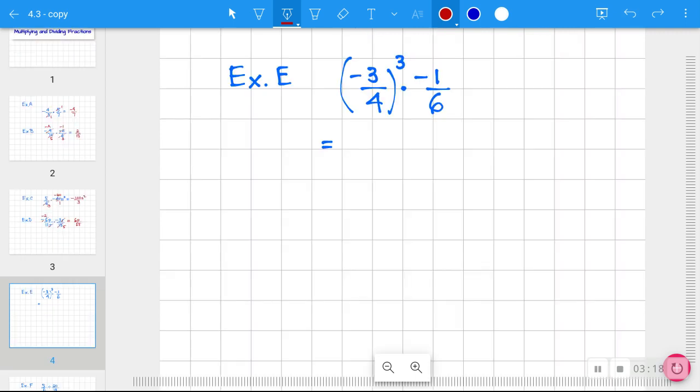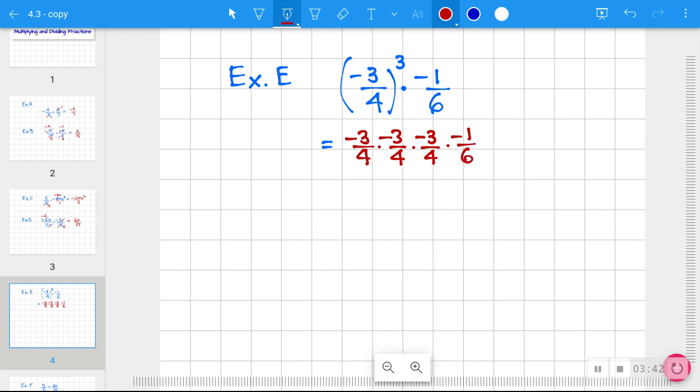Okay, we have a problem that requires us to know the order of operations. The exponent should be done before the multiplying. So we'll multiply all this out. Negative 3/4 times itself 3 times in a row. And then we'll multiply it by negative 1/6.